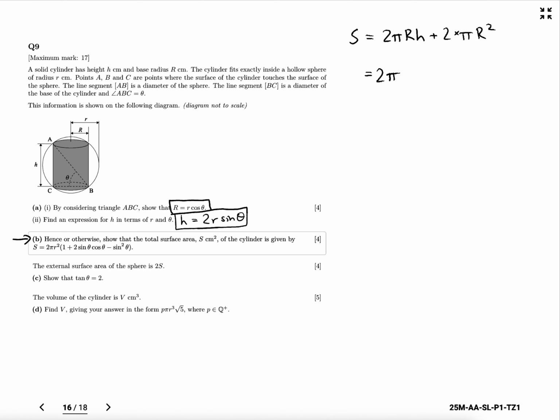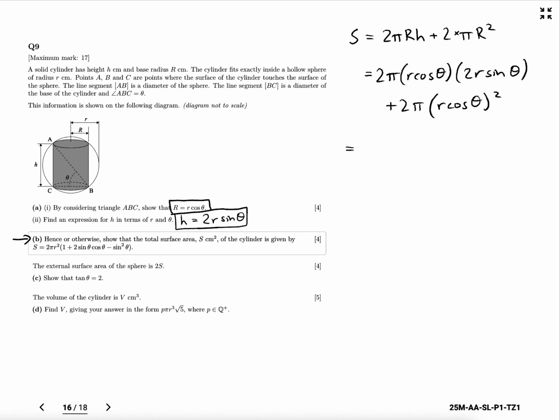So 2 pi times r cos theta times 2r sine theta plus 2 pi and then r cos theta squared. And if we simplify this, we can combine these two.